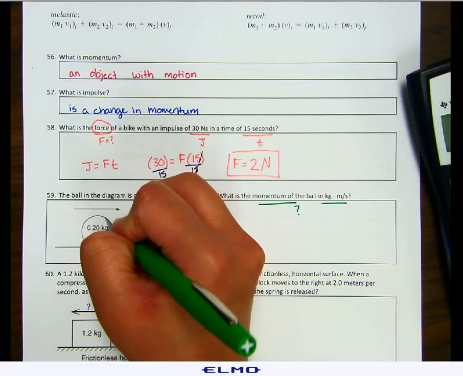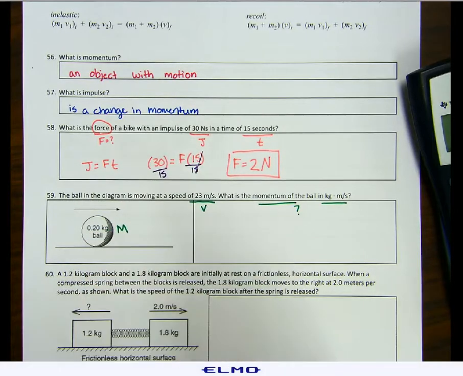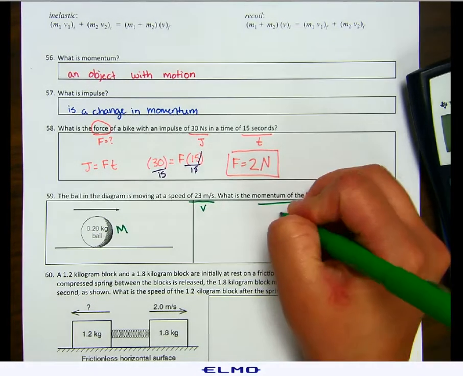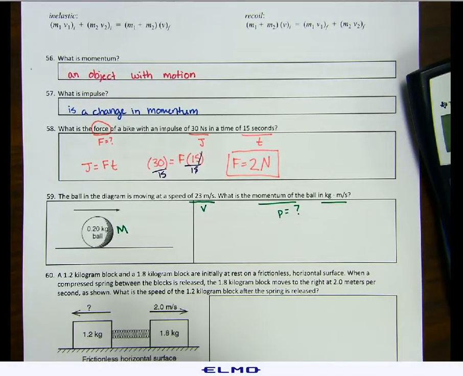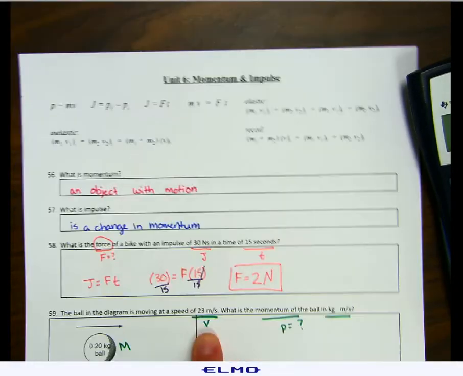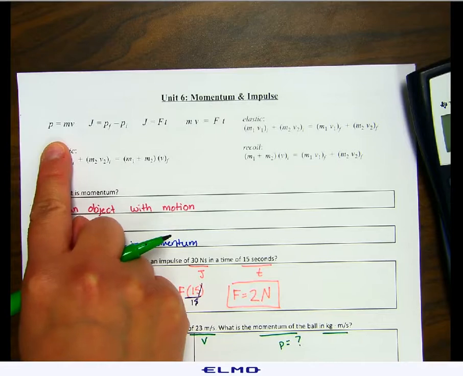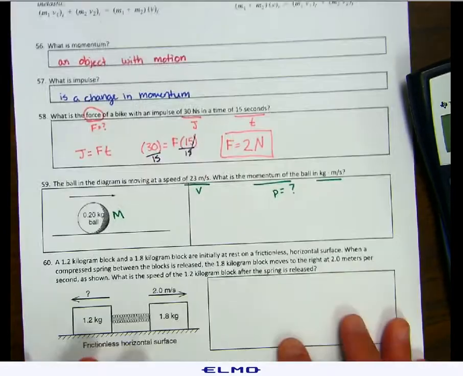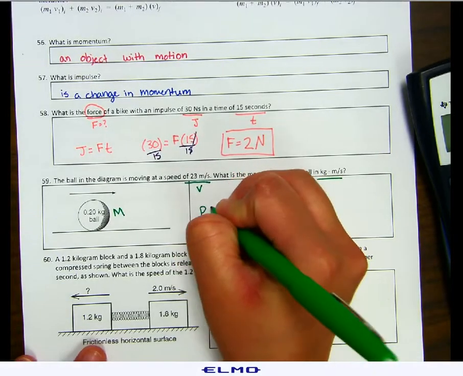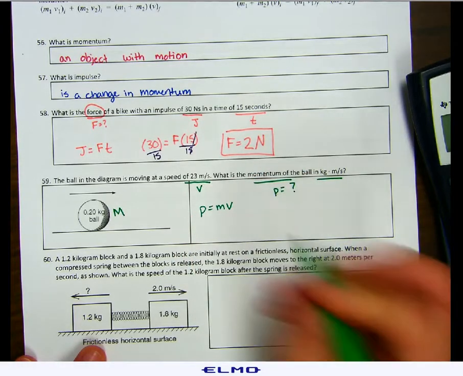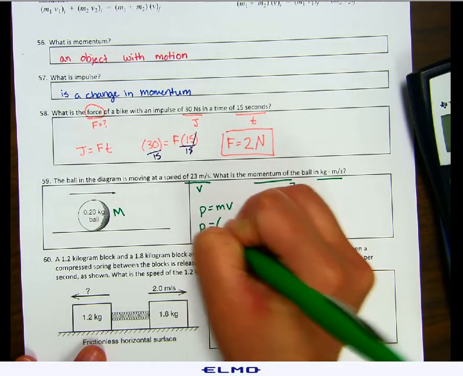And we know our mass because in the picture it says 0.20 kilograms. So we have mass and velocity. We're just going to use our very first formula: momentum equals mass times velocity. So p equals mv.